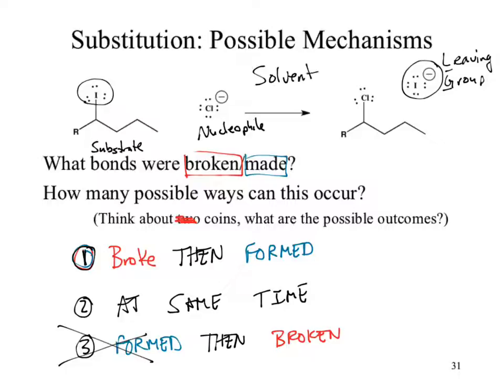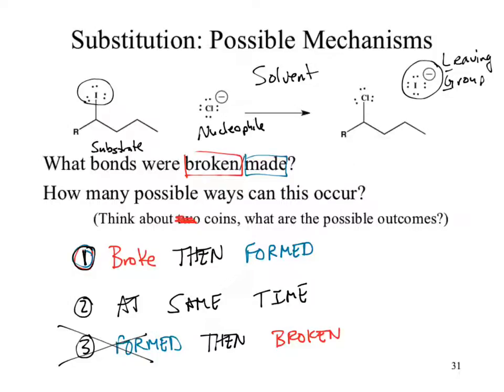So every time we look at a substitution reaction, what we need to be thinking about are those four components. What do those four components mean about the mechanistic options? Break, then form, or do it all at the same time? So it's a question of finding that balance and evaluating each of those pieces and matching them up.